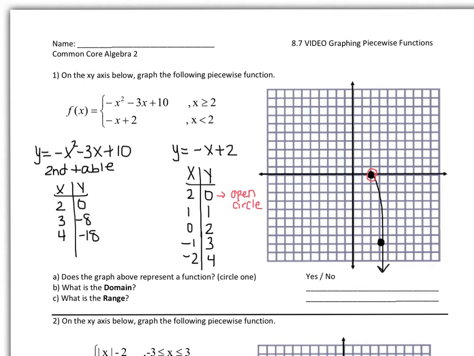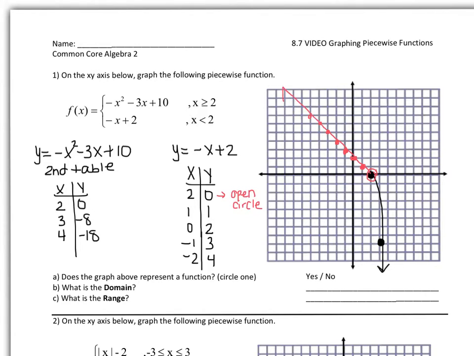And now 1, 1, 0, 2, negative 1, 3, negative 2, 4. You can keep going if you notice a pattern, or you could just extend the line.